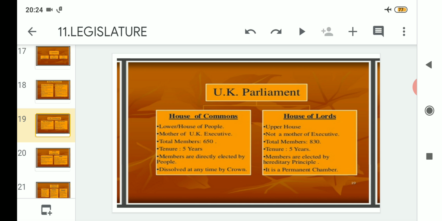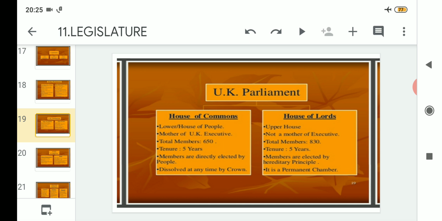And here the tenure of these members is 5 years, and in India it was 6 years. And what is the condition of retiring members in the Rajya Sabha in India? The total number of members is exactly 250, and they are elected for a period of 6 years, but 1/3 of the members retire after every 2 years.